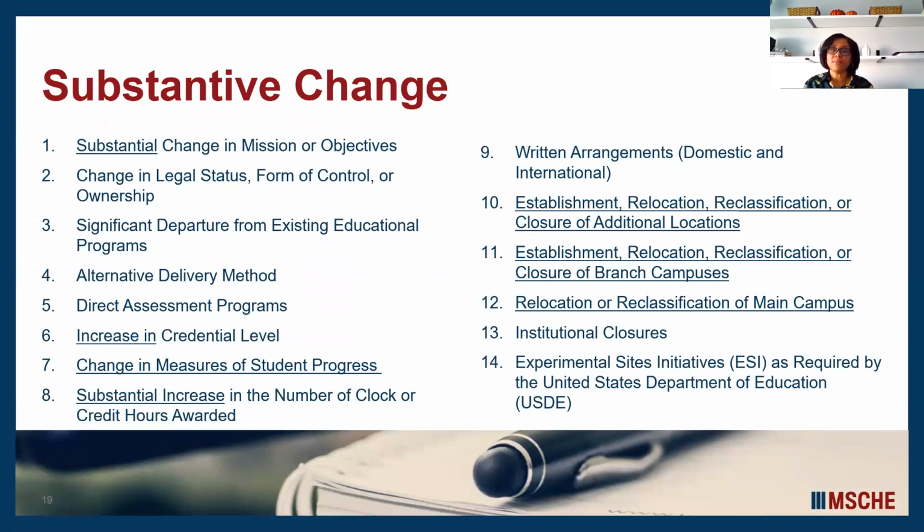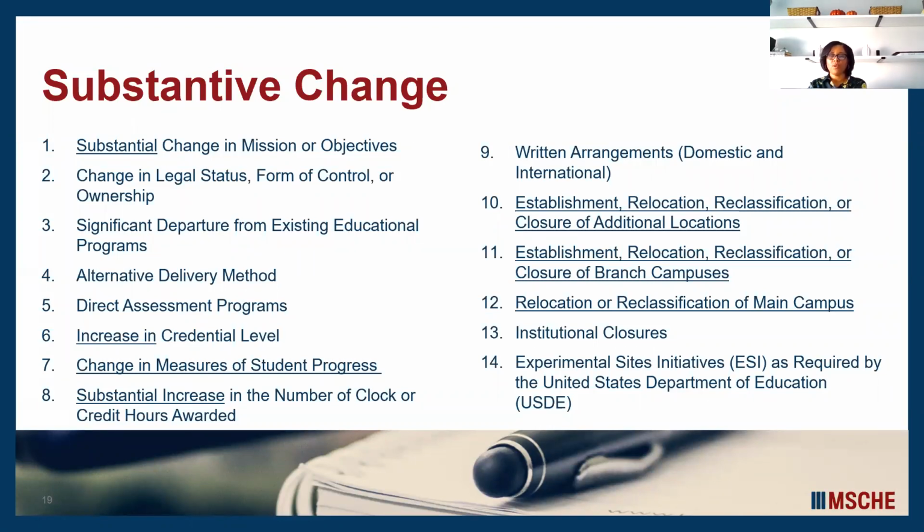There are 14 substantive change types, with some having subtypes. The underlying types are types that were affected by the revised federal guidelines or as part of a restructuring. I will give you a brief overview of the types. Number one, substantial change in mission or objectives are changes that lead to a fundamental shift of the institution.